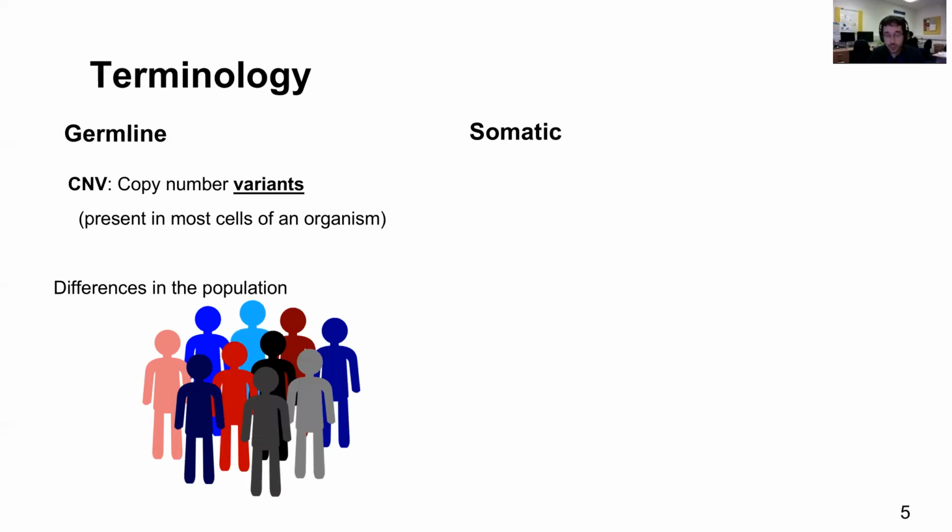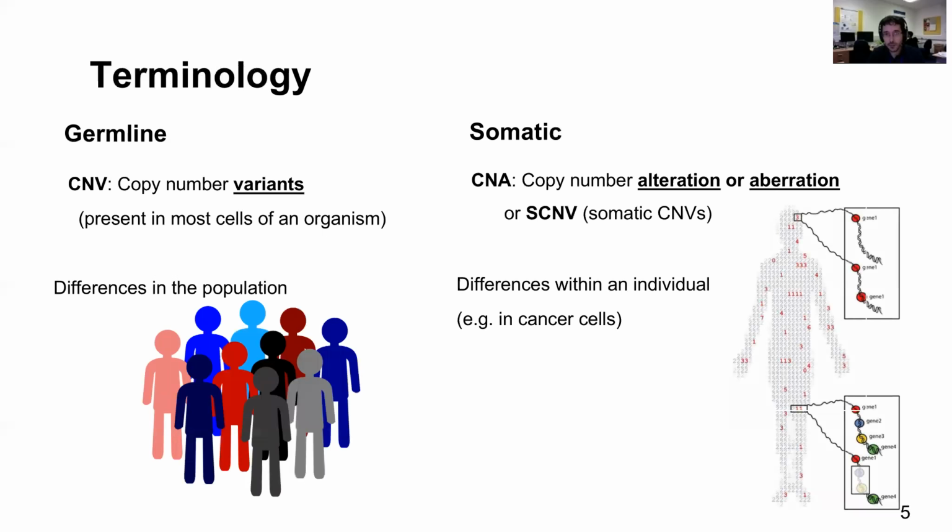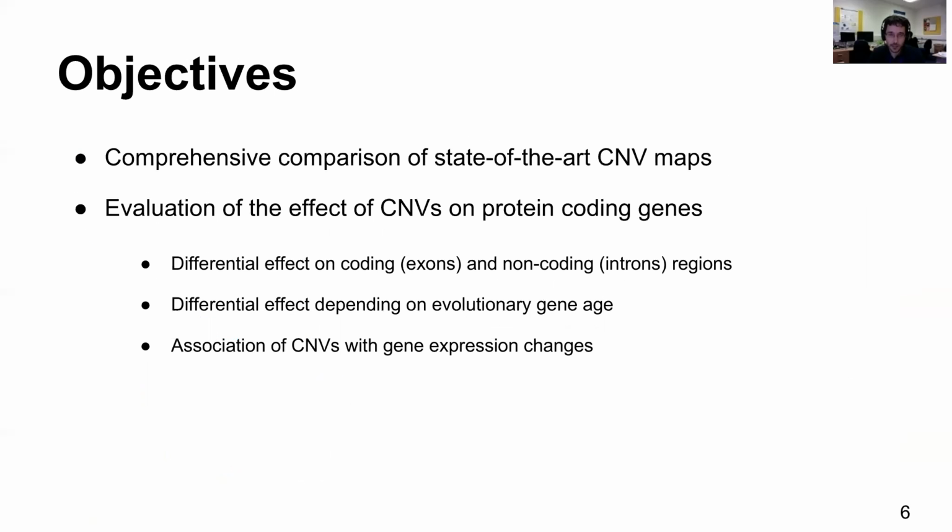You may also hear about somatic CNVs, sometimes called copy number alterations or aberrations, and these are differences within an individual. Certain tissues with age tend to accumulate copy number variation, and in particular, cancer cells are also very well known to accumulate copy number changes. But the work I'm presenting today focuses on population variability in copy number variants, or germline CNVs.